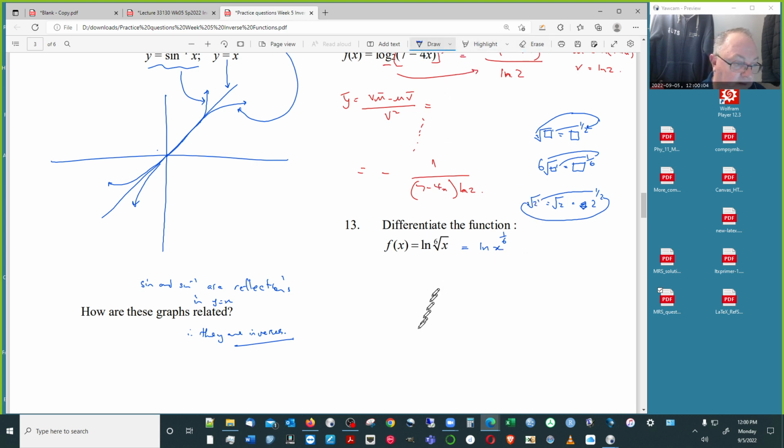Alright, so I suspect that what's been taught to you is to then go ahead and take into account the fact that the logarithm's there. Okay, and the differential of the ln of x is 1 on x, is it not?